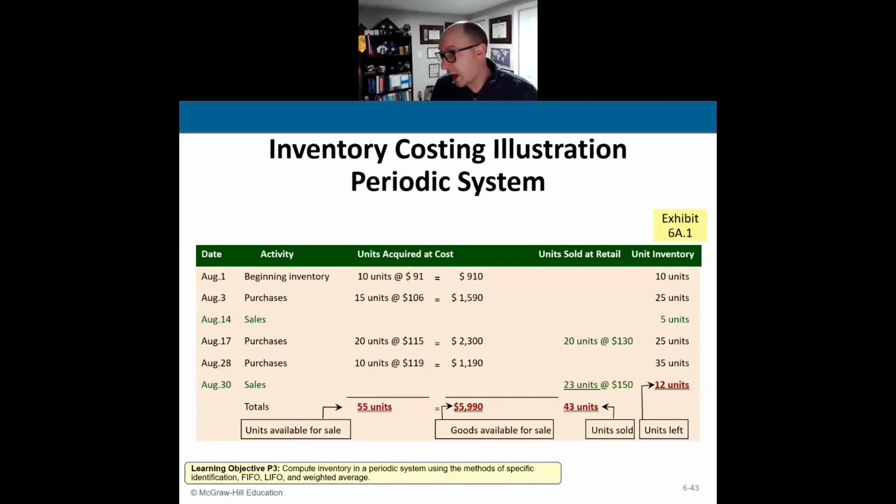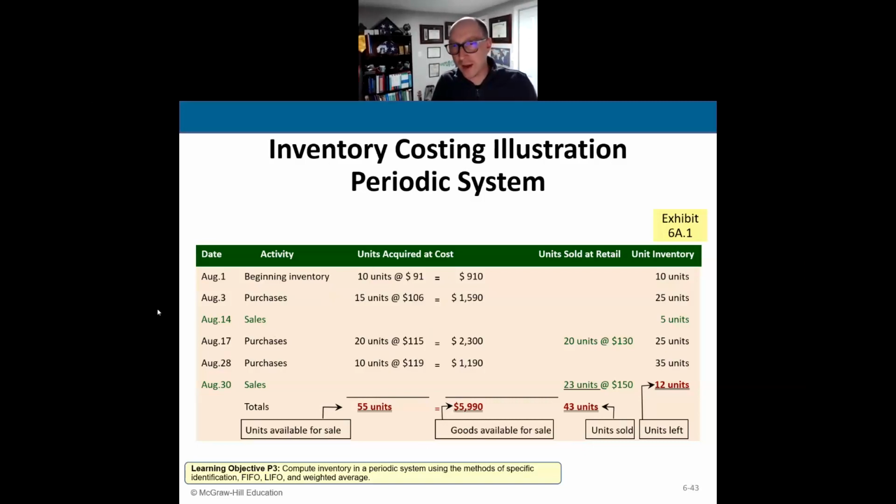This would be very common for a company like a car dealership because they don't sell a whole lot of inventory every day. They could do a physical count. But you'll see it works very similar to the process of the perpetual system. The difference here is that we wait to update.